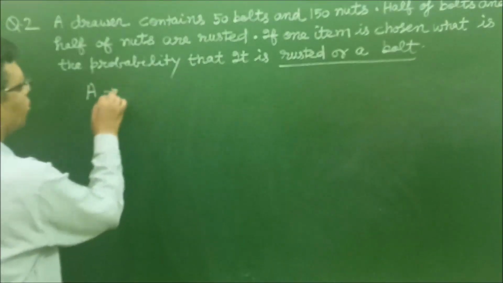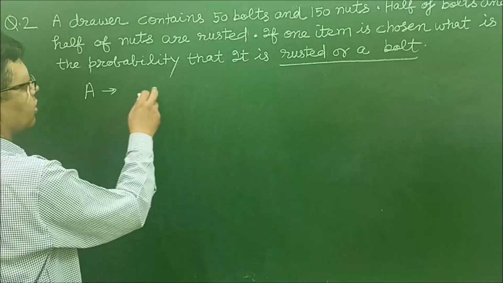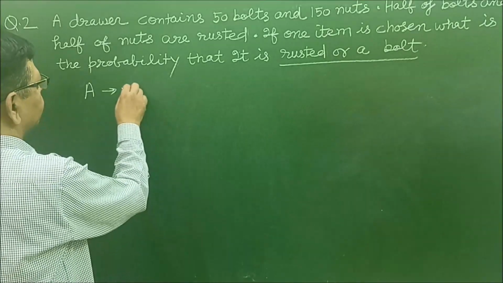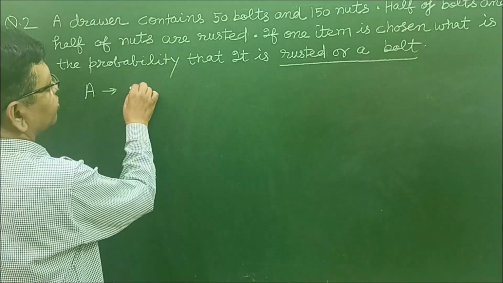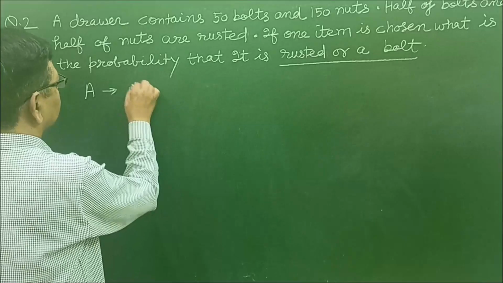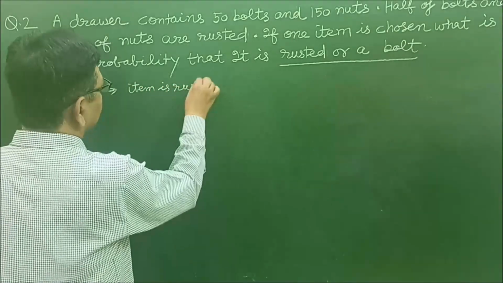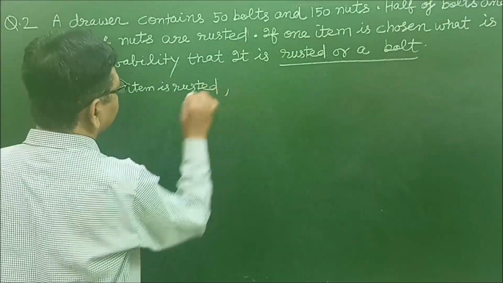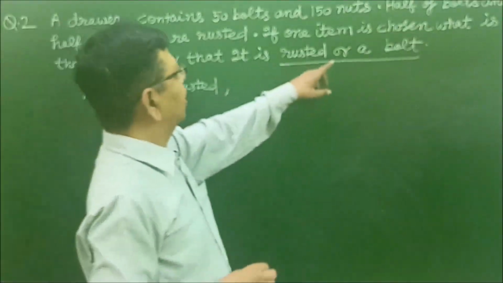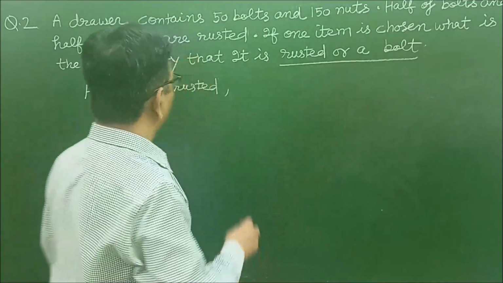Event A is the item is rusted. And event B is it is a bolt.